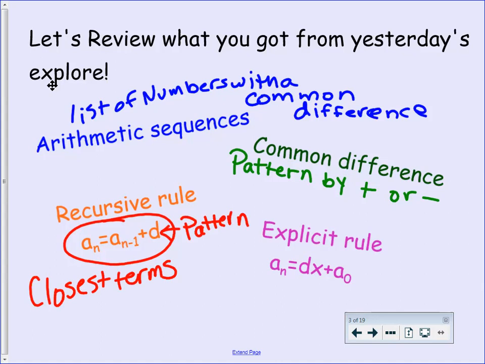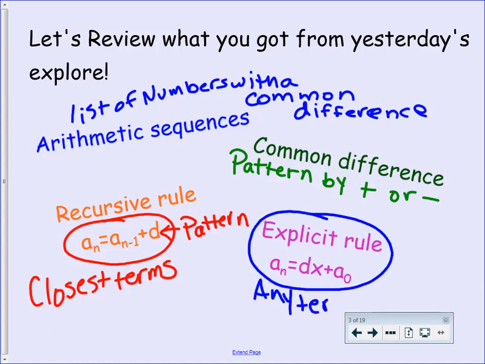Now the explicit rule is actually a little more helpful than the recursive rule, because the explicit rule lets me get to any term that I want to go to. If I want to get to the first, second, tenth, hundredth, thousandth, whatever it was, I could go to any term with the explicit rule.